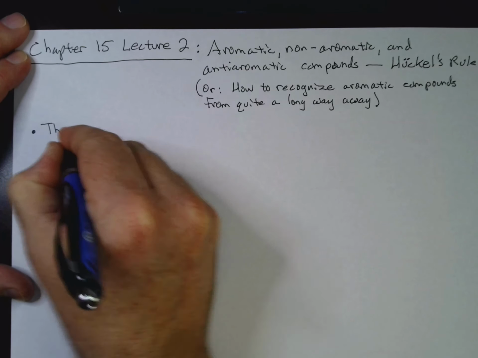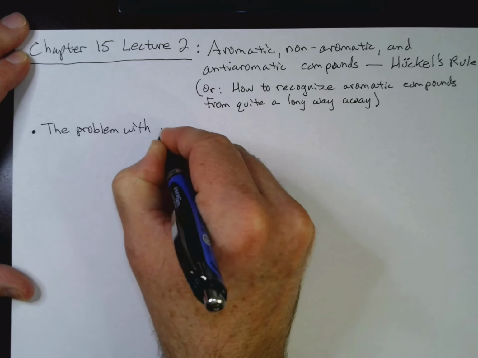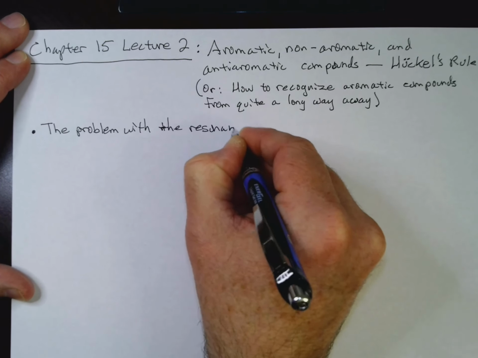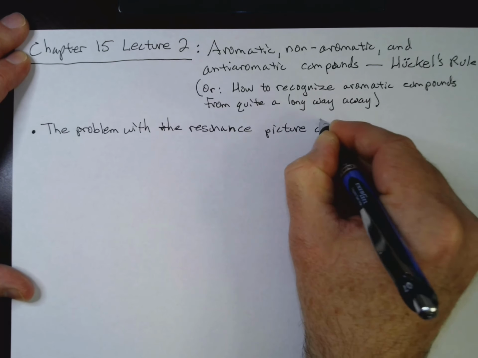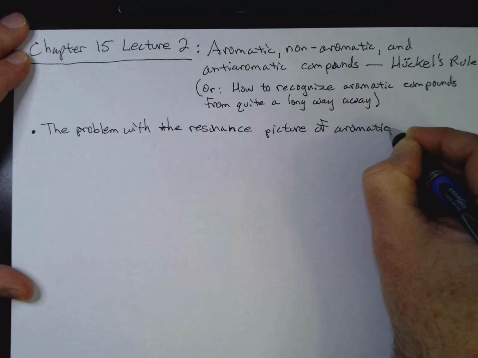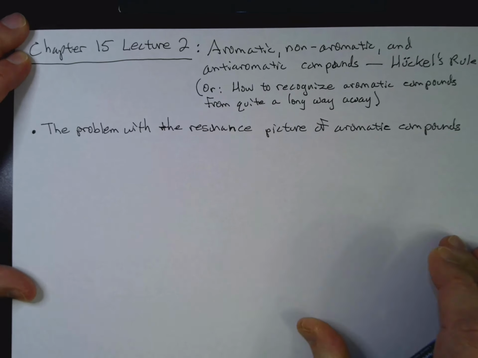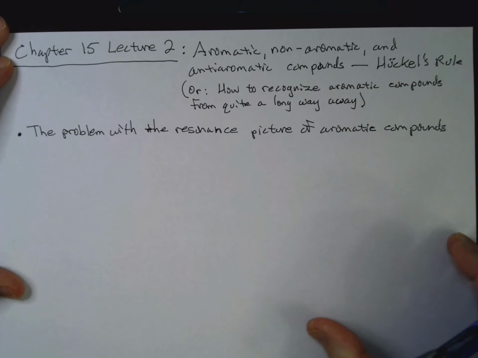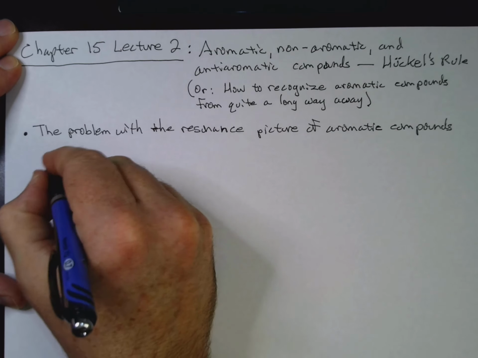and let's start by talking about the problem with the resonance picture. Okay, so that's a bit of an elephant in the room, and I haven't really talked about said elephant yet, but let's look at cyclobutadiene.